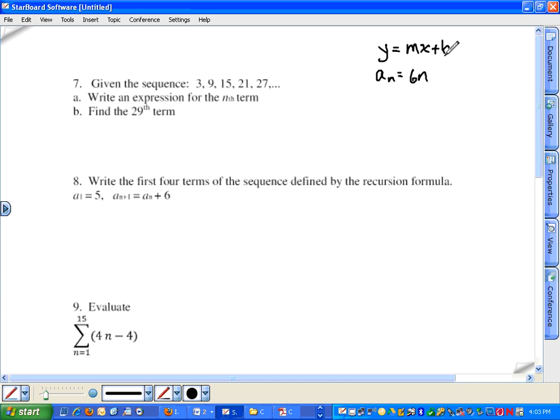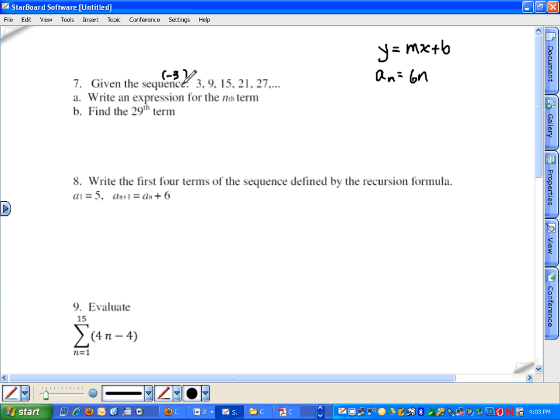Now b, in function notation, is the y-intercept. It's the value of the function when x is equal to 0. What we can do is consider this sequence. This is where n equals 1. The first term is when n equals 1. The second term is when n equals 2. You can only use positive integer values for n to generate terms of the sequence, but if we were to continue the sequence to the left with the same pattern, the term when n equals 0 would be -3, because if you added 6 to -3, you'd get 3, and then 9.